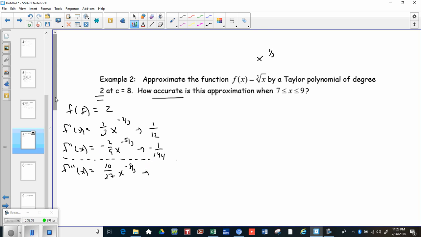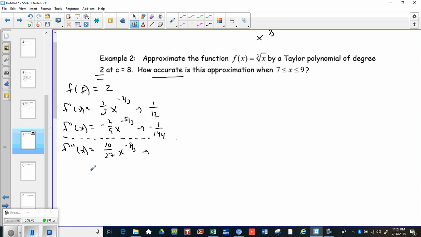So let's write the Taylor polynomial of second degree. That is f of 8, which is 2, plus 1/12 over 1 factorial, x minus the center 8 to the first power, and then minus 1 over 144 over 2 factorial, x minus 8 squared.